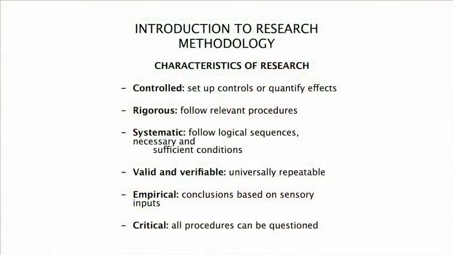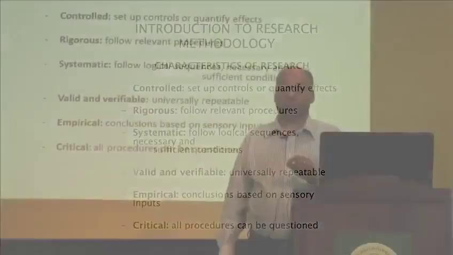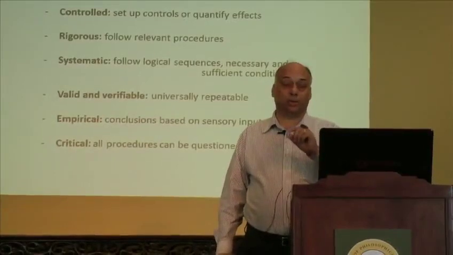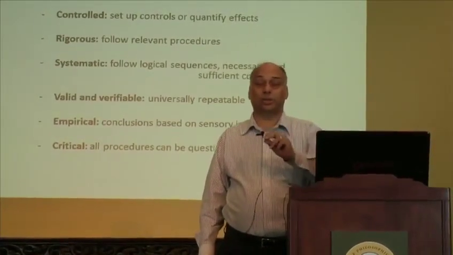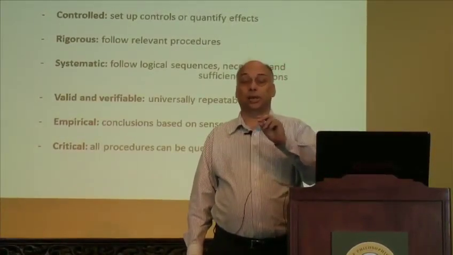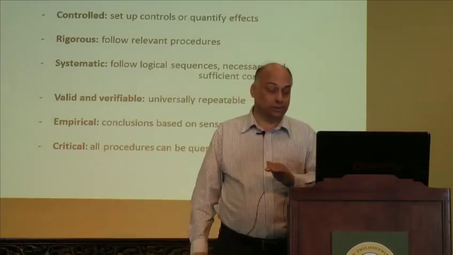Finally, a characteristic of research is that it is critical. By critical, we mean there is criticism involved in it. Criticism is a central element of scientific research. Scientific research or research methodology needs to lend itself to criticism.